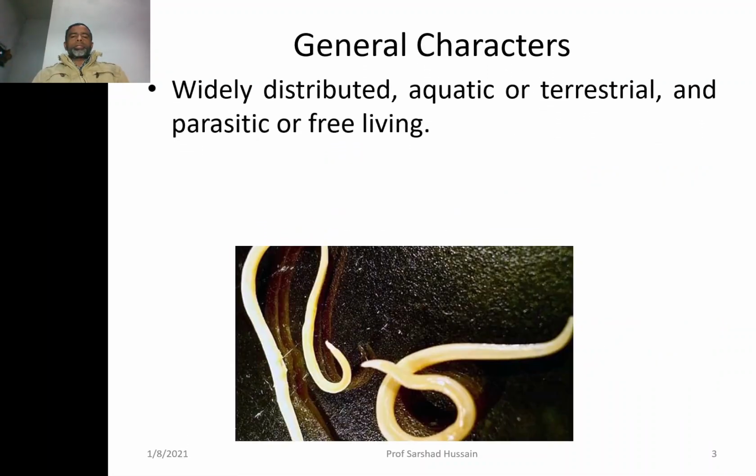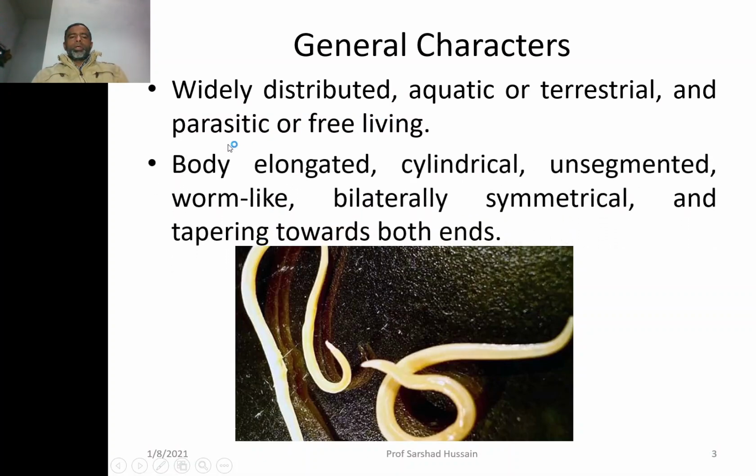Coming to the general characteristic features, nematodes are widely distributed. They are present in water also, terrestrial environment also, they are parasites also, they are free living also. Their body is elongated and cylindrical, and there is no segment on the body, unsegmented body, and it is exactly like a worm.